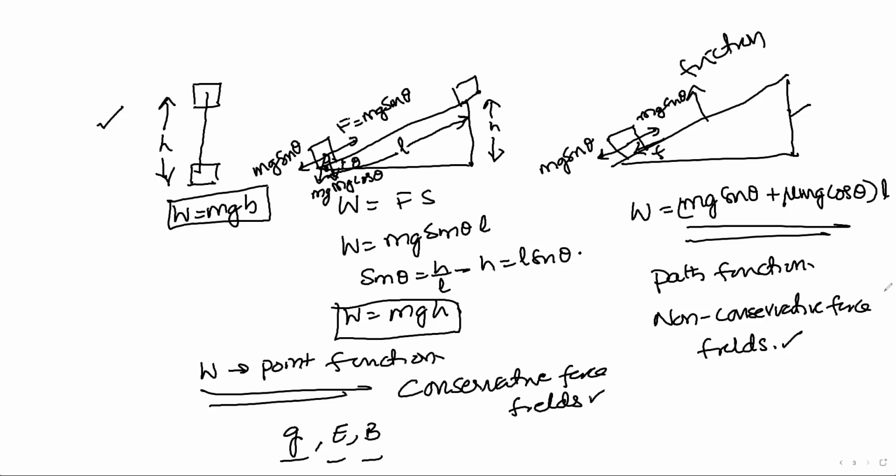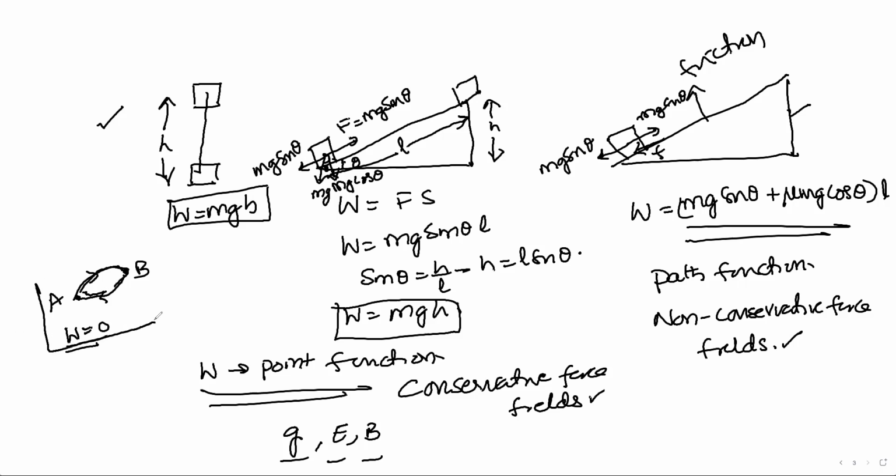For example, I want to move a body from A to B and B to A. Suppose I move the body from A to B and B to A, the total work done equals 0. That is, this is positive work and this is negative work.